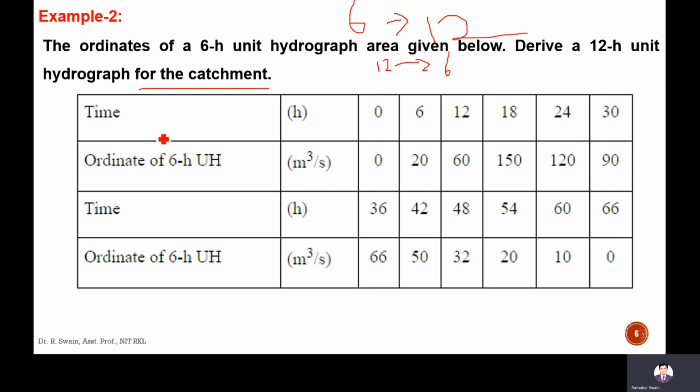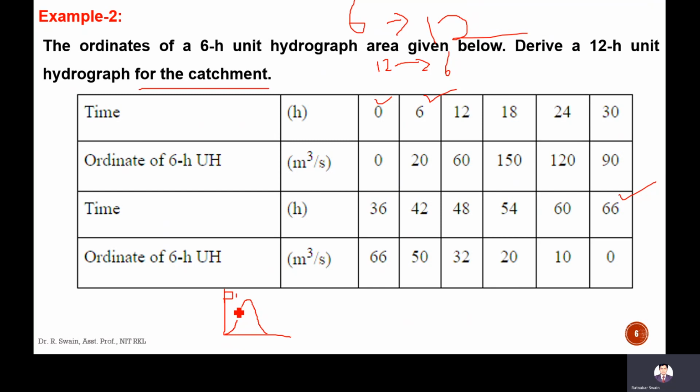So here the 6-hour unit hydrograph ordinates are given for different time steps 0, 6, 12, 18 up to 66. How do we get this 12-hour unit hydrograph? First the 6-hour unit hydrograph is given. Rainfall occurring means the same 1 cm excess rainfall occurring for 6 hours.